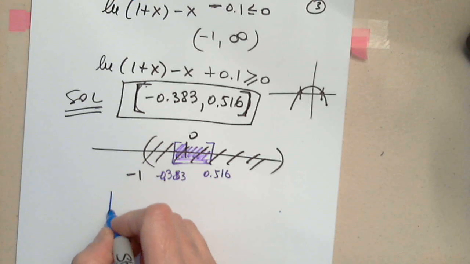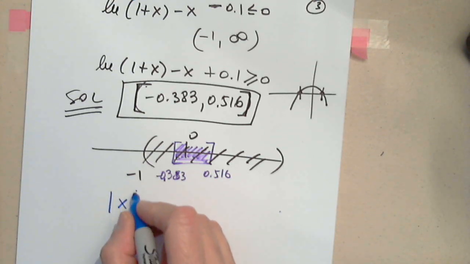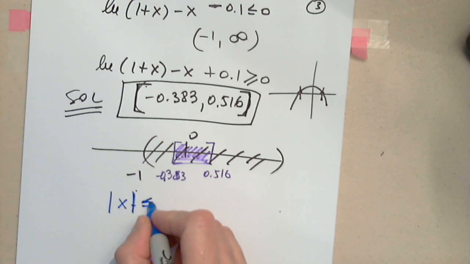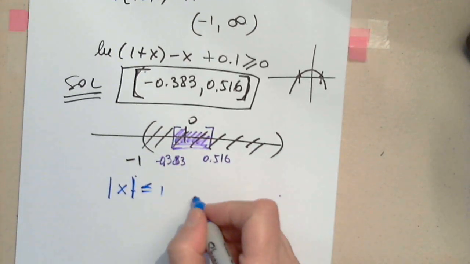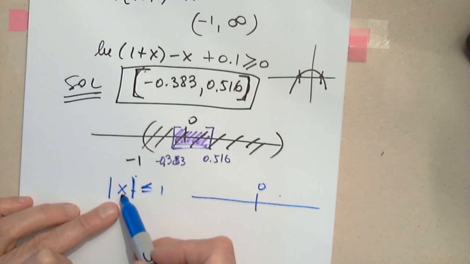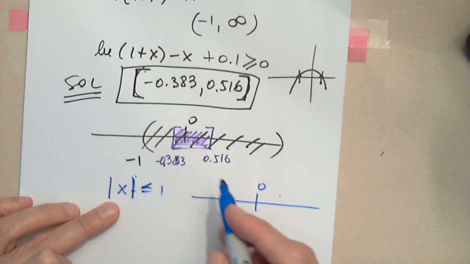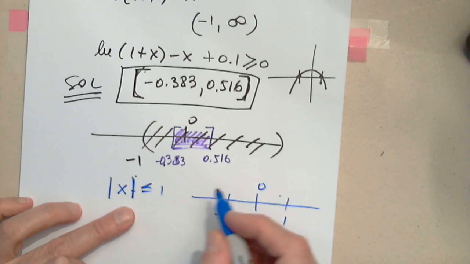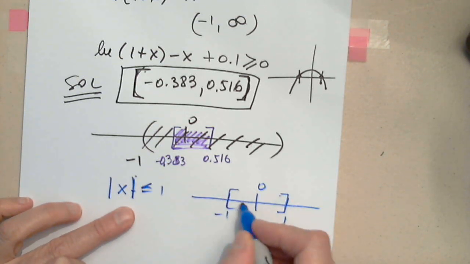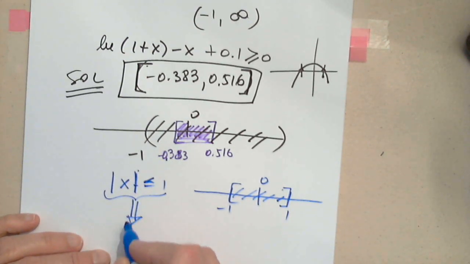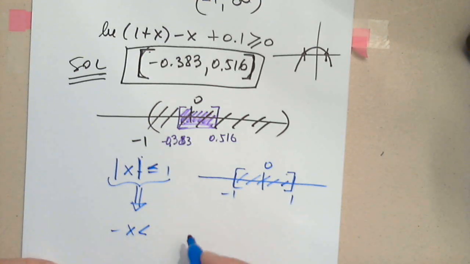So when we solve an inequality like this, let's say, less than or equal to 1, this really means that we are trying to find numbers whose distance from 0 is 1 or less. So this inequality changes into this. Oh, I didn't mean that. I meant 1.